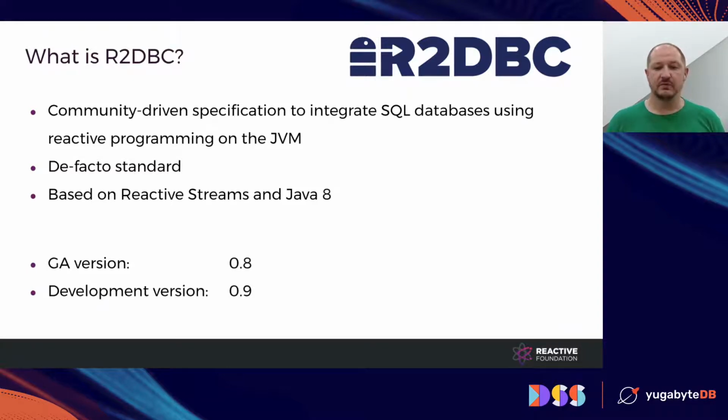And with Java 8, we have all the benefits of a functional programming approach with a pretty modern standard still. The current released version is R2DBC 0.8. 0.9 is a development version, which is still under development, and it's going to be released soon.